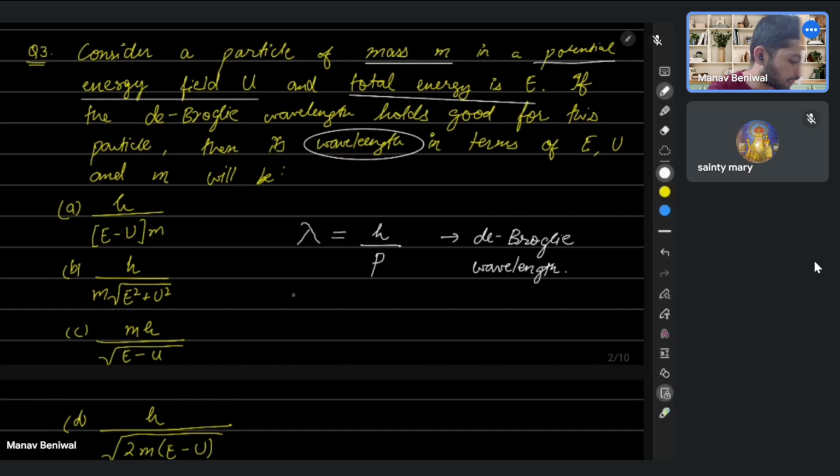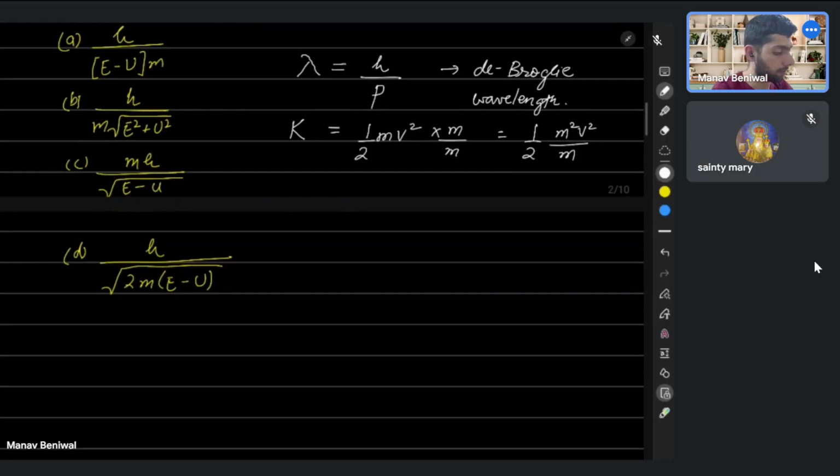Now we know that kinetic energy, let's say K, is half mv squared. Let's multiply by m in denominator and numerator. Then this becomes half m squared v squared over m. Or we can write mv as p, the momentum. So we can write our kinetic energy as p squared over 2m.